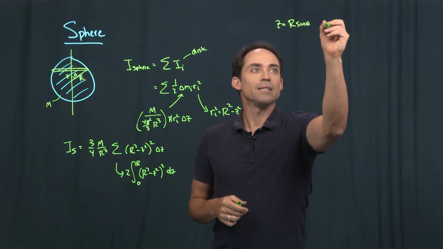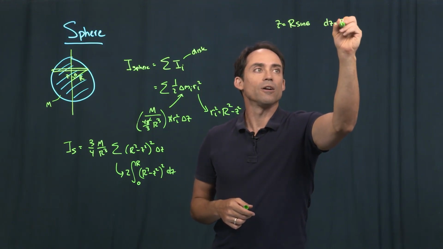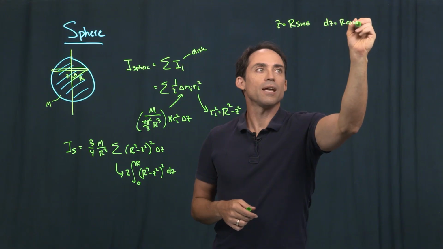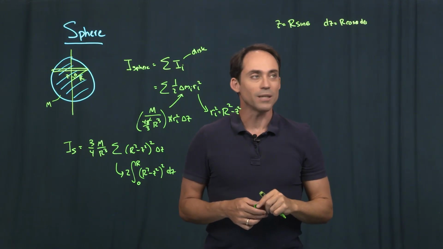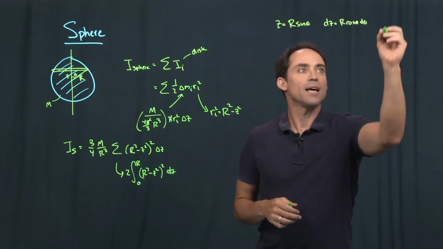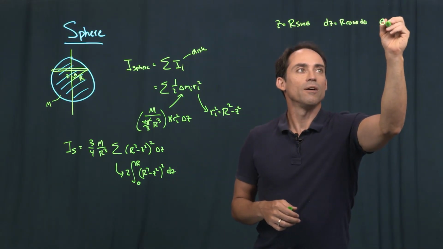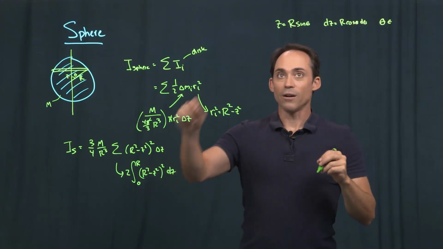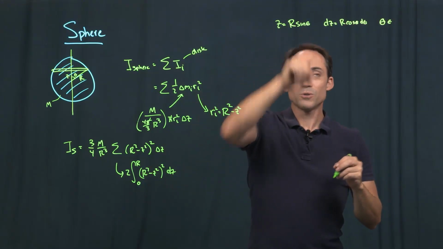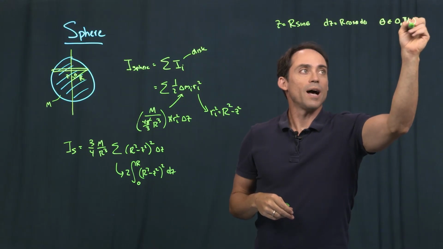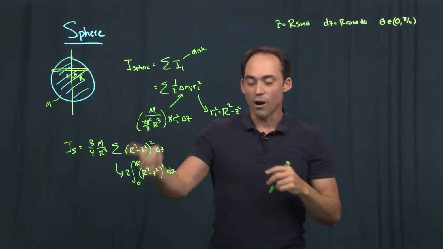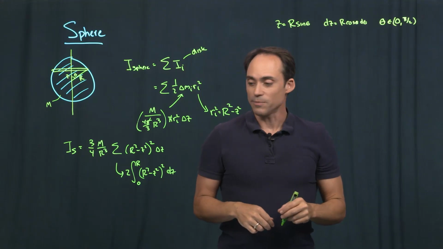Well, that means that dz is r times cosine theta d theta, just taking the integral of z with respect to theta. And that also means that theta is going to run from where z equals 0, so that's when theta equals 0, to where theta is equal to pi over 2. That's the range for our integral for that expression.